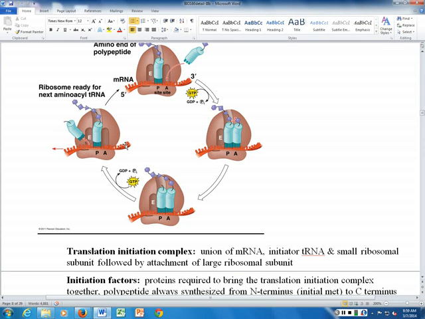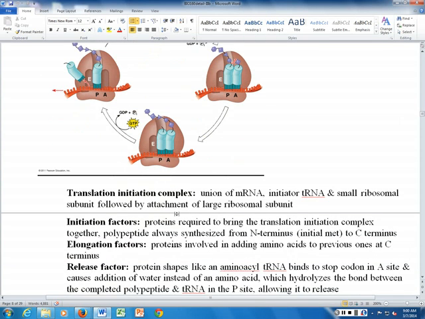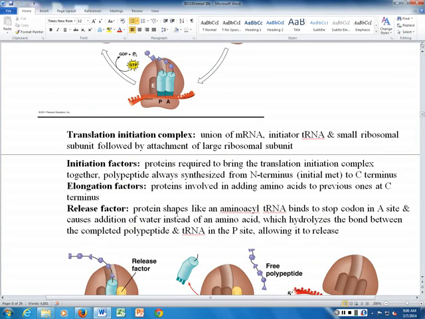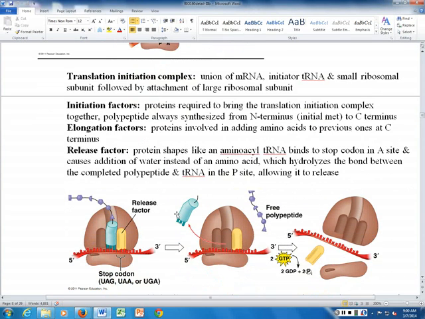So your translation initiation complex is the mRNA, the initiator tRNA, the small and the large ribosomal subunits. So all the pieces of it. Your initiation factors are the additional proteins that are required to bring that translation complex together.